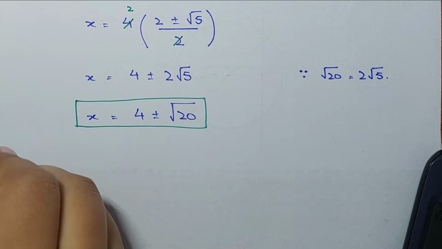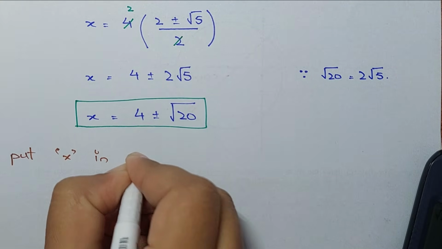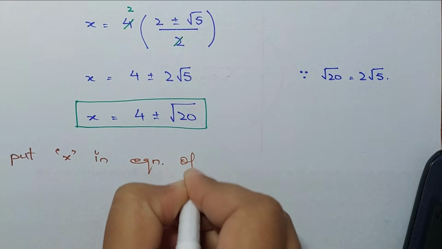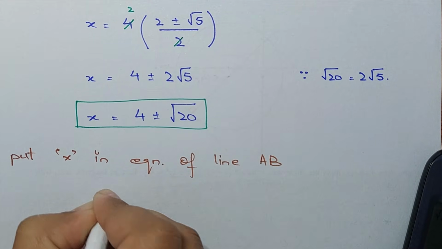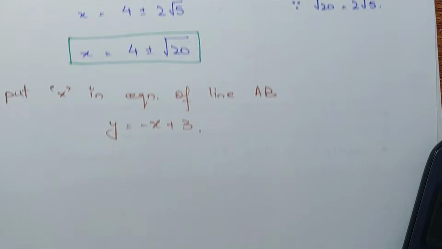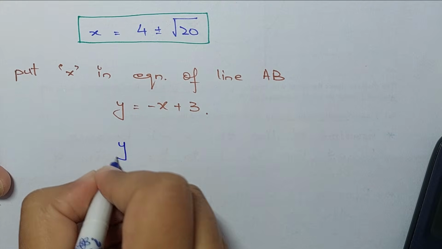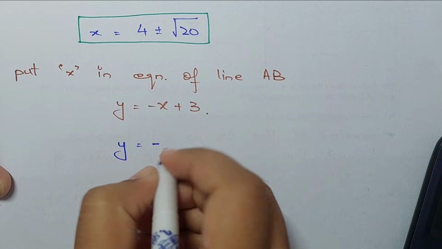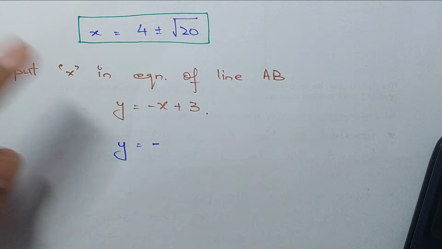So we put x in the equation of line AB. The equation of line AB is y equals minus x plus 3. That is the equation of line AB which we found in part A. So y would be equal to negative of x. Wait a second.